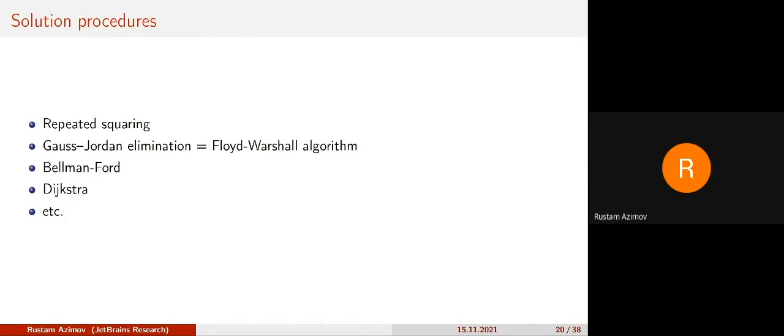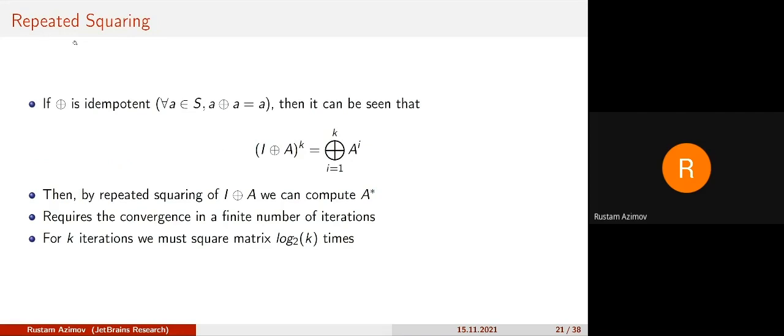We can look at many solution procedures. Let's see some classical ones. First is simple repeated squaring.